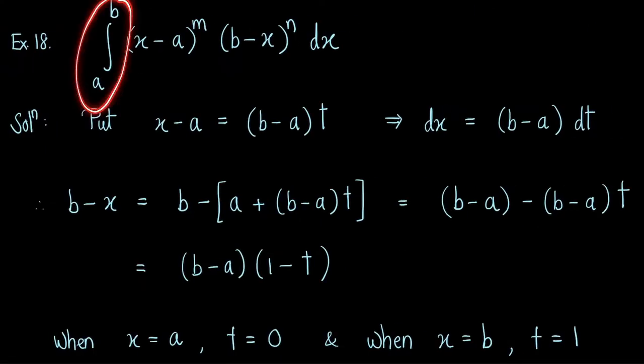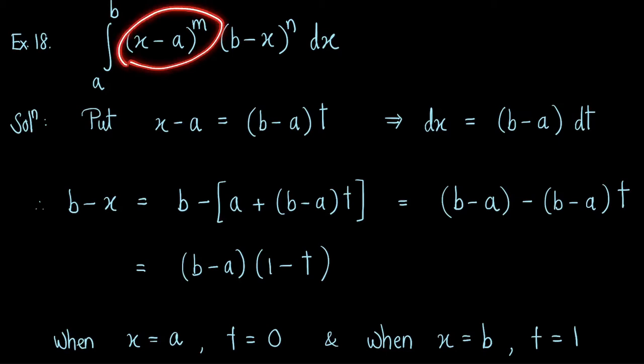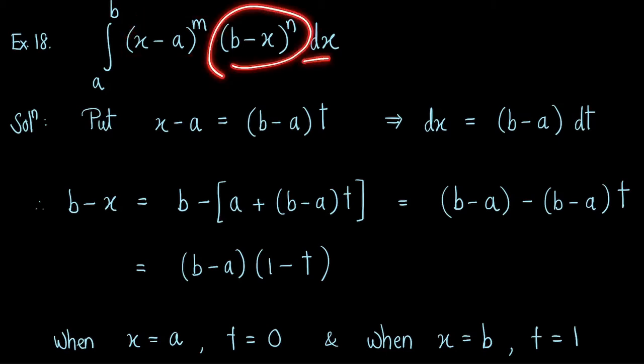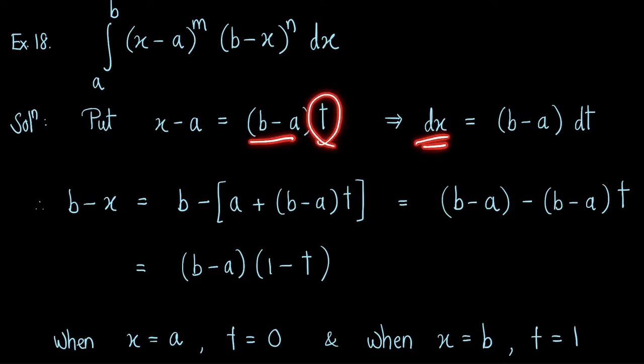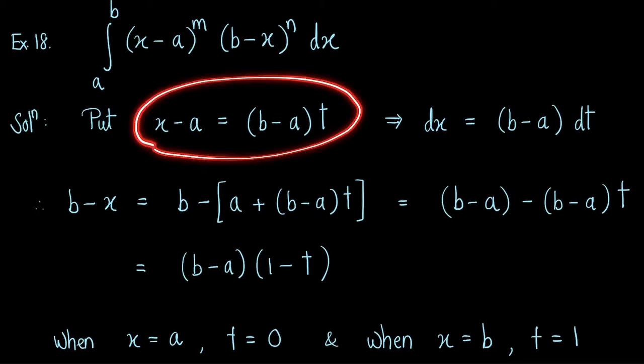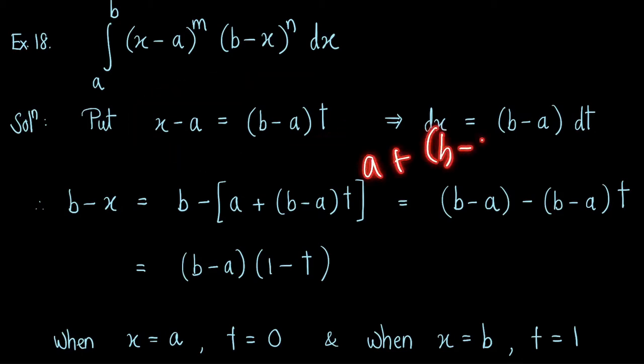Now the next example is integration a to b, x minus a raised to m, b minus x raised to n, dx. Now here we are going to put x minus a equal to b minus a into t. So on differentiating, we get dx equal to b minus a dt. Now we will find b minus x. So b minus x is equal to, now from this the value of x will be a plus b minus a into t.